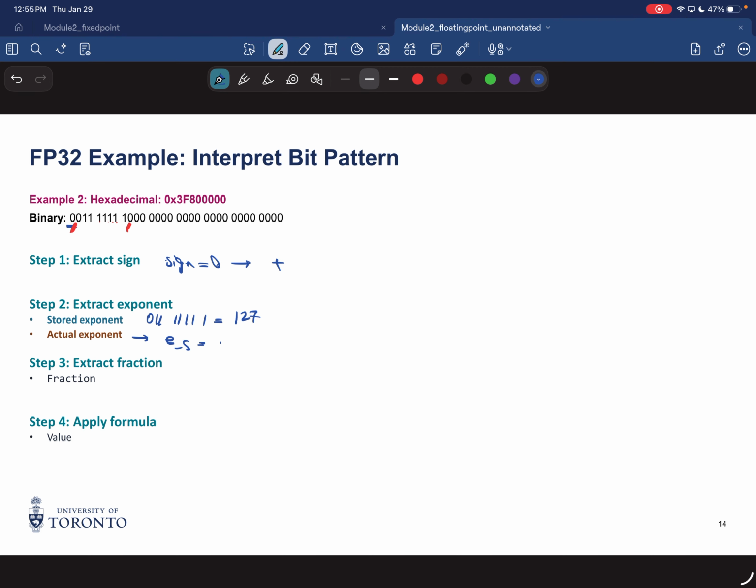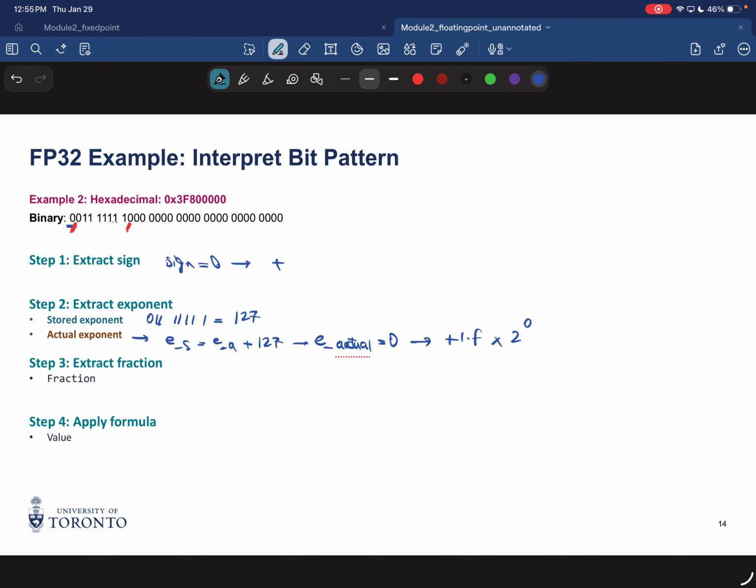E stored is equal to E actual plus 127, so our actual exponent is 0, in fact. And that's going to be 1.f, multiplied by 2 to the power of 0. Now the fraction. Our fraction is completely 0.